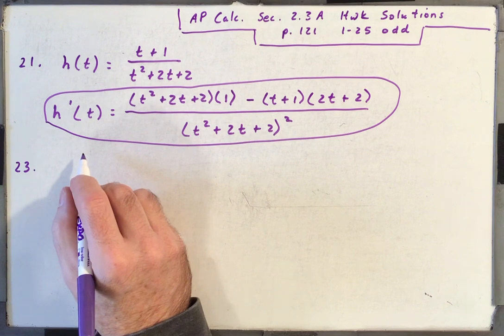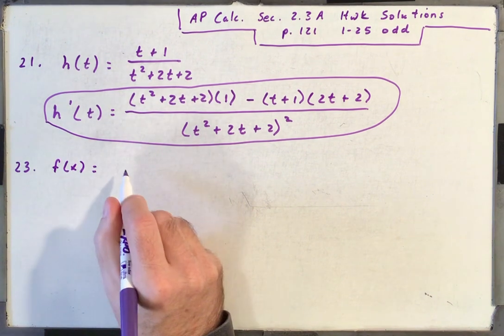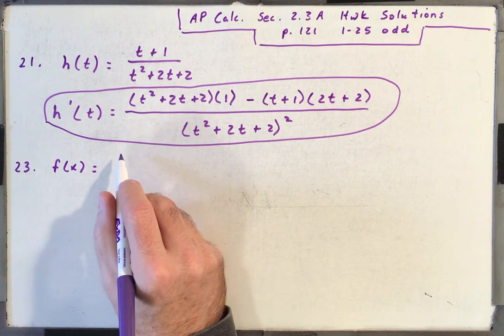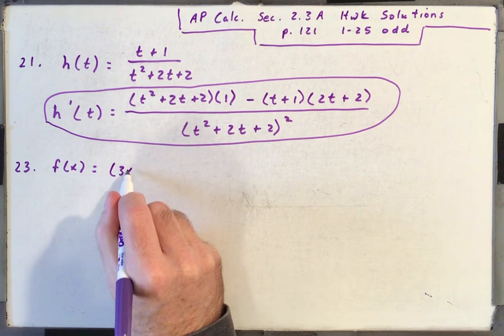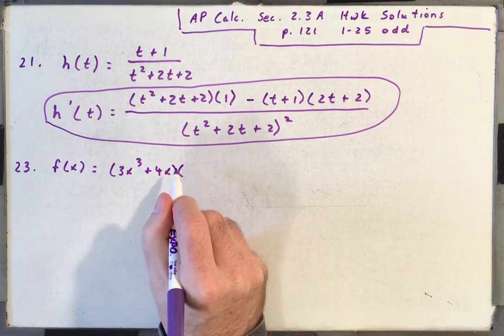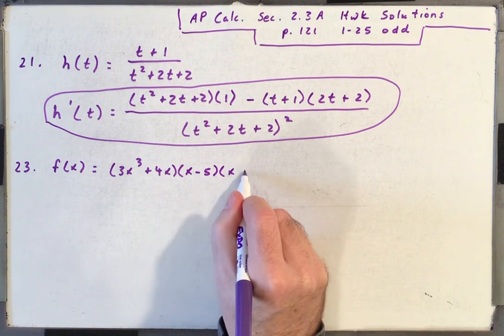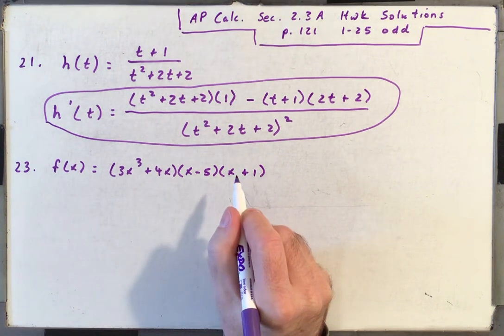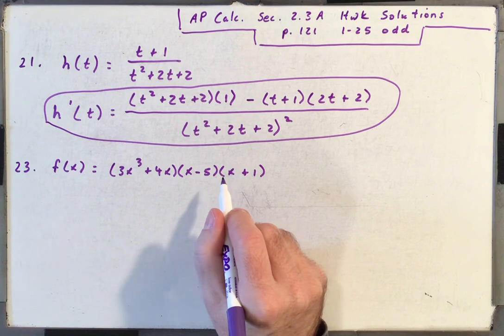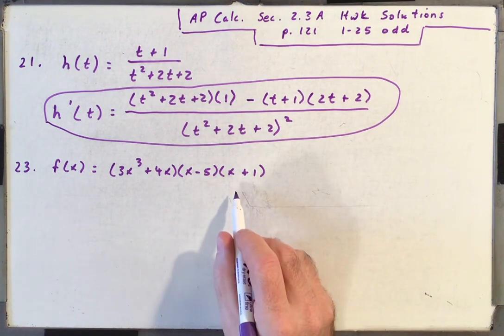All right, 23, we have f of x is equal to 3x cubed plus 4x times x minus 5 times x plus 1. What I'm going to do here, I want to get this into two terms so I can use the product rule.